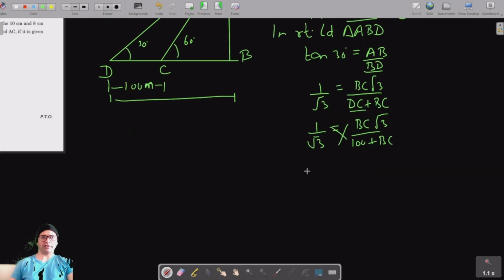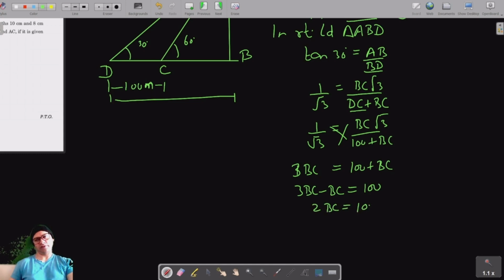If we cross multiply, root 3 into BC root 3 is 3 BC, which is equal to 100 plus BC. Now 3 BC minus BC is equal to 100, so 2 BC is equal to 100. Now BC is equal to 50.